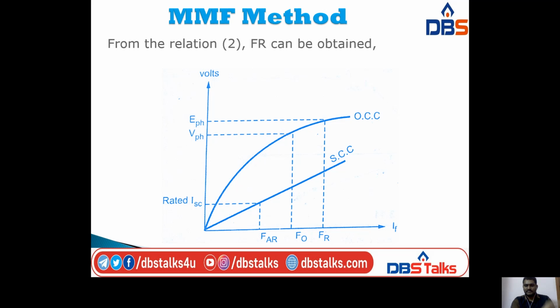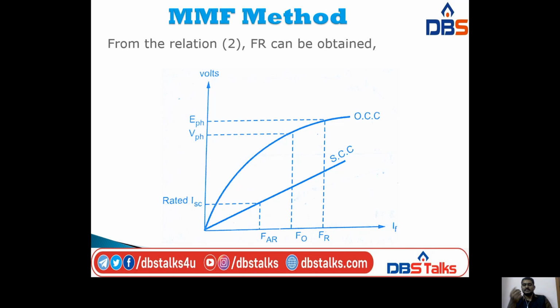From that relation we have this characteristic diagram, open circuit and short circuit. You already know the characteristic diagram for the open circuit test is drawn between no load voltage and field current, and the short circuit characteristic is drawn between short circuit current and field current.